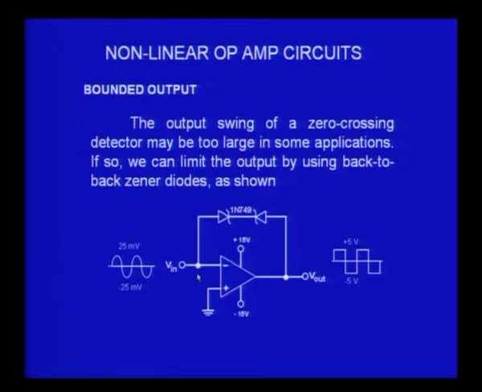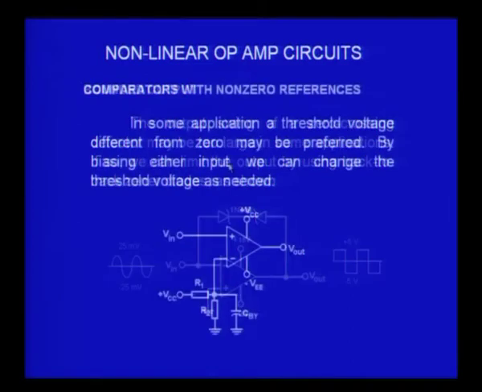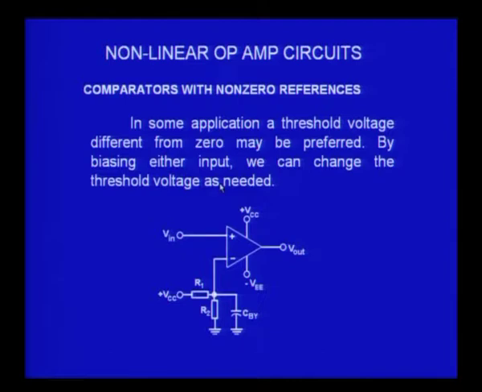So, this comparator with two Zener diodes in opposition connected in the feedback can be used to limit the output to any desired value by choosing proper Zener diodes with suitable breakdown voltages. Now, you also saw in the demonstration that we need not have 0 crossing, but we can also have some reference voltage.